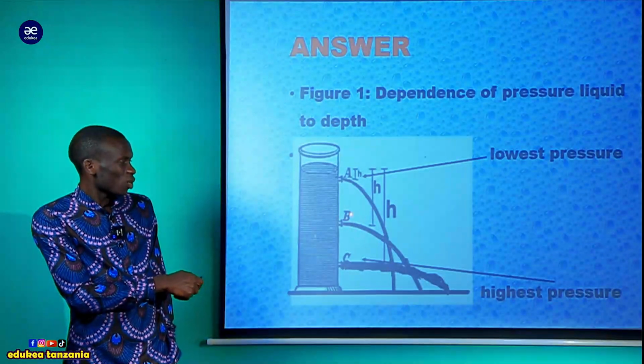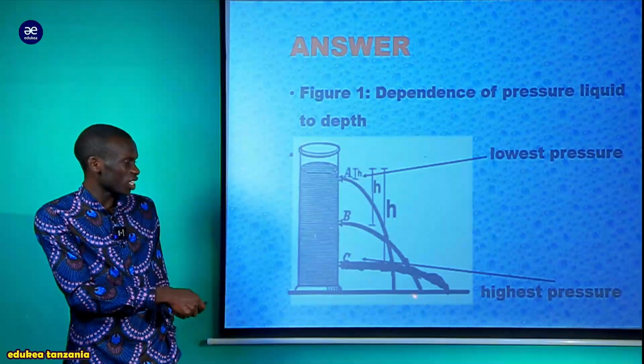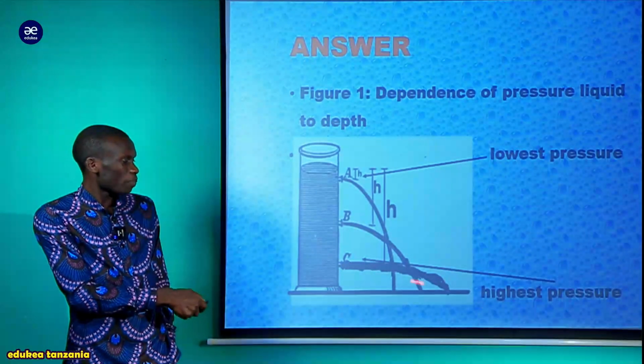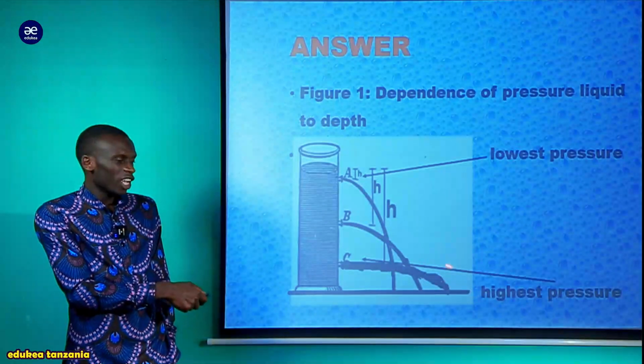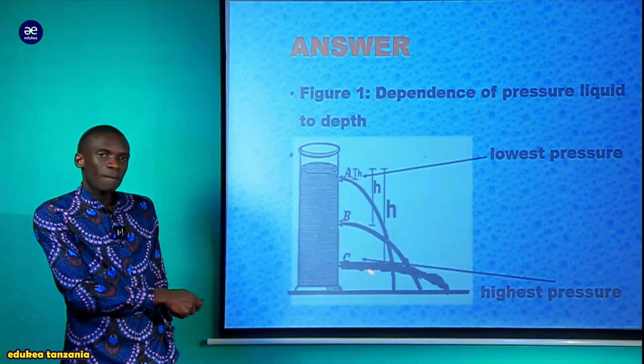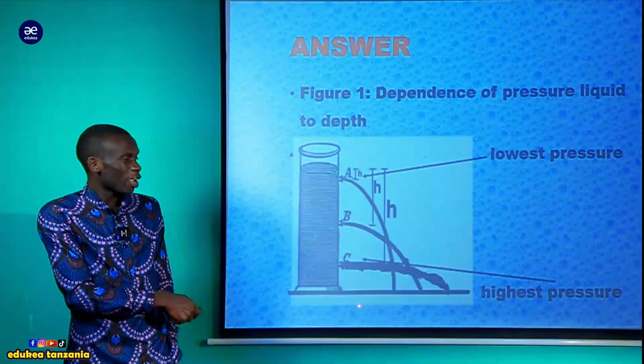The middle one will lash out water at a somewhat larger distance, but the last one will lash out water far away. It means that this hole is exerted on by water at the highest pressure.